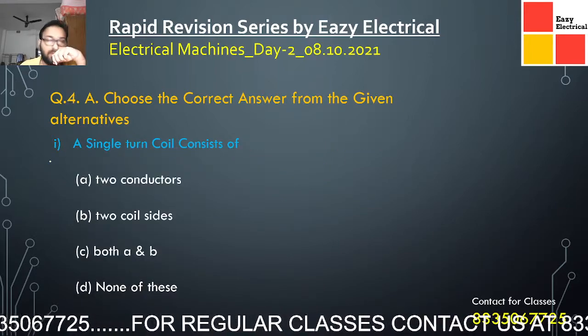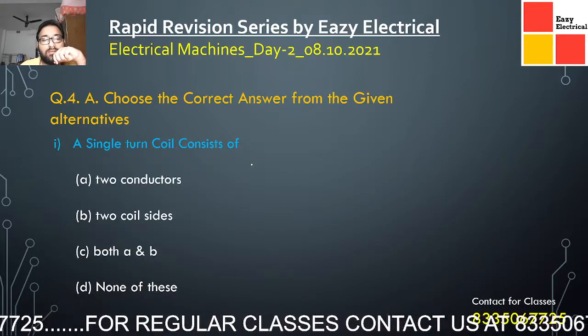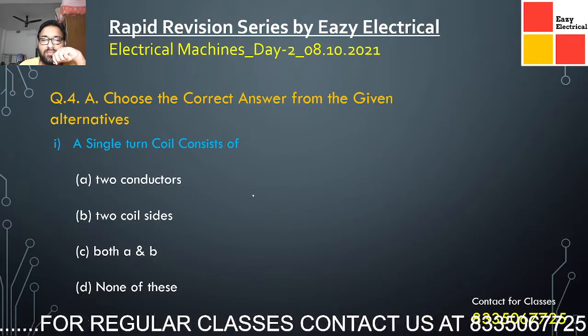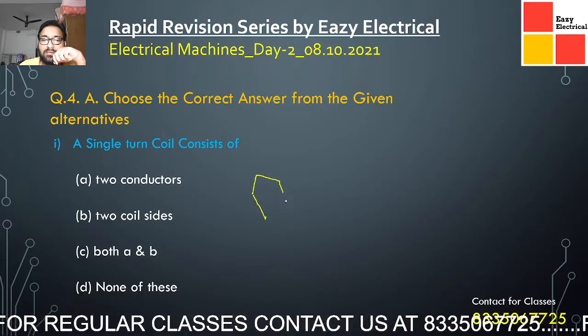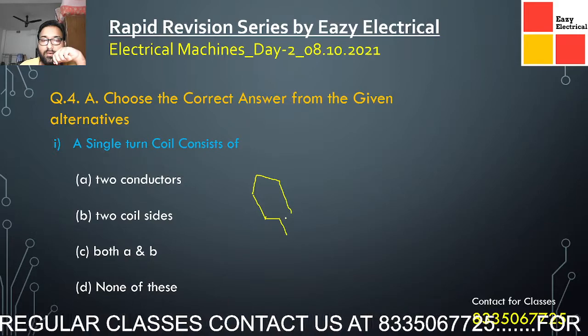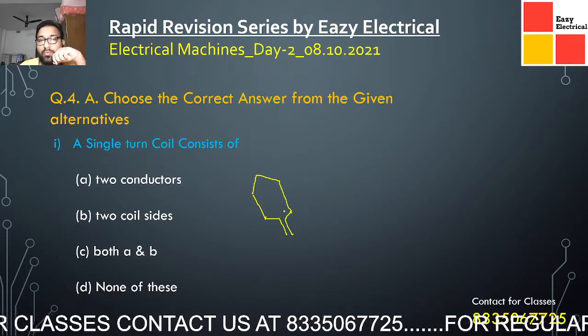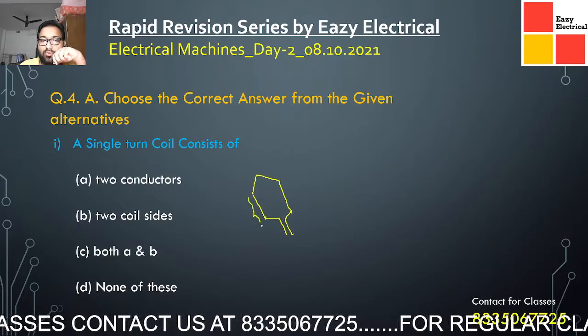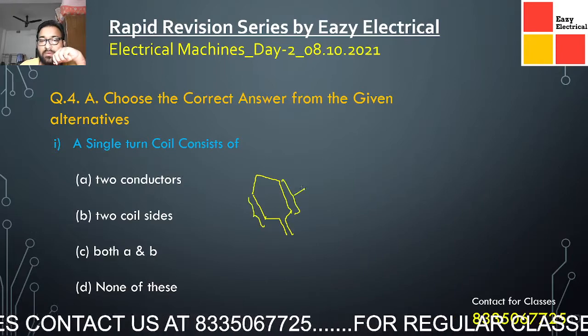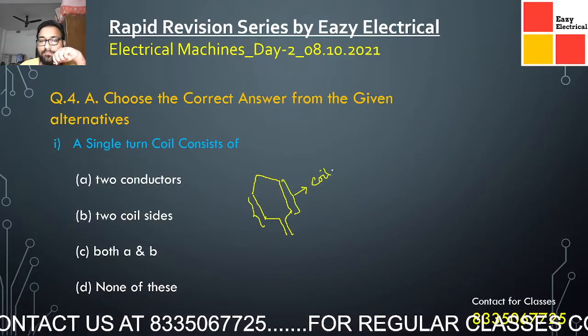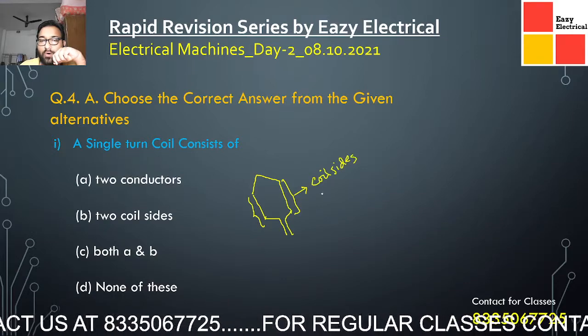Now coming to the next question, there is a single turn coil consisting of. Basically, see, suppose this is a single turn coil. Whenever we are talking about a single turn coil, we must know there are two important factors. These two sides are sometimes called coil sides, or we call them conductors.